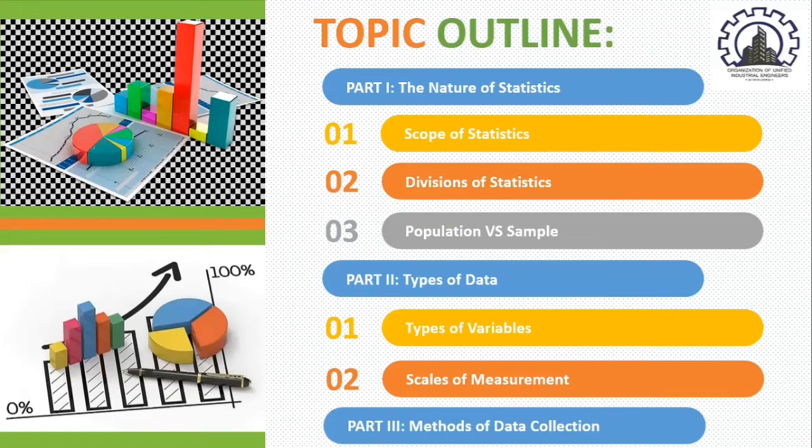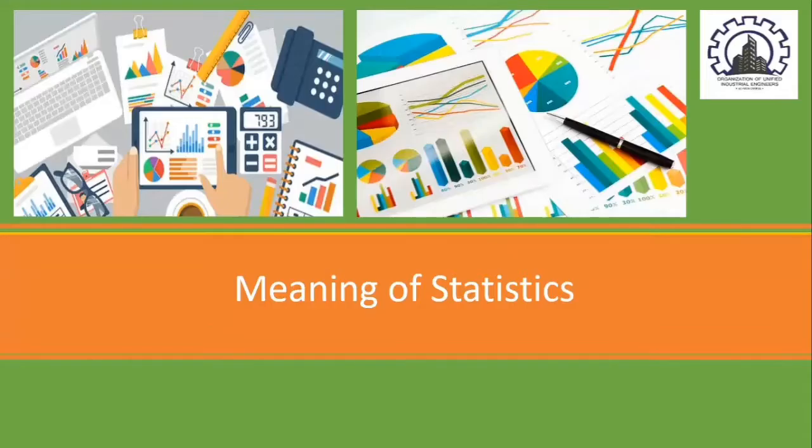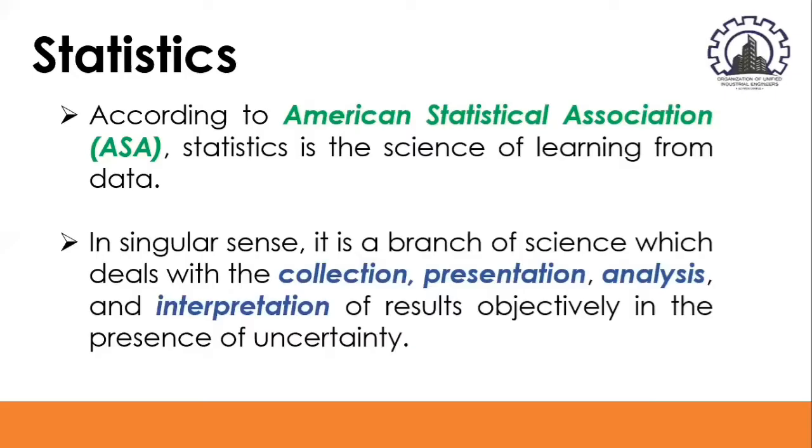So what is meant by statistics then? According to the American Statistical Association or ASA, statistics is the science of learning from data. Now, the word statistics can be defined in two senses. In plural sense, it is a set of numerical data or observations.